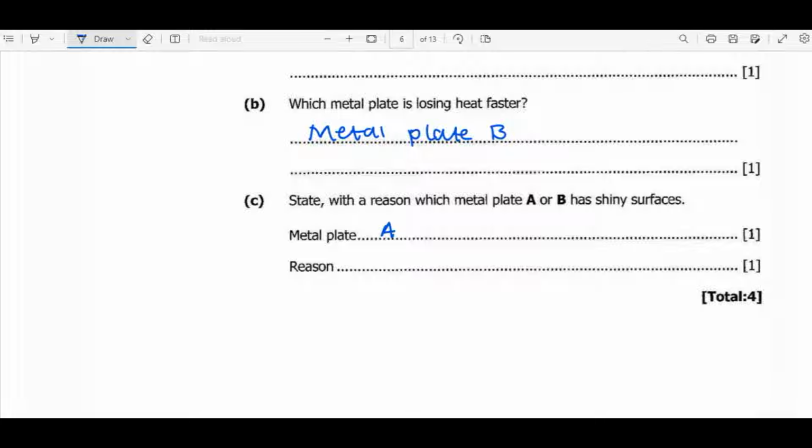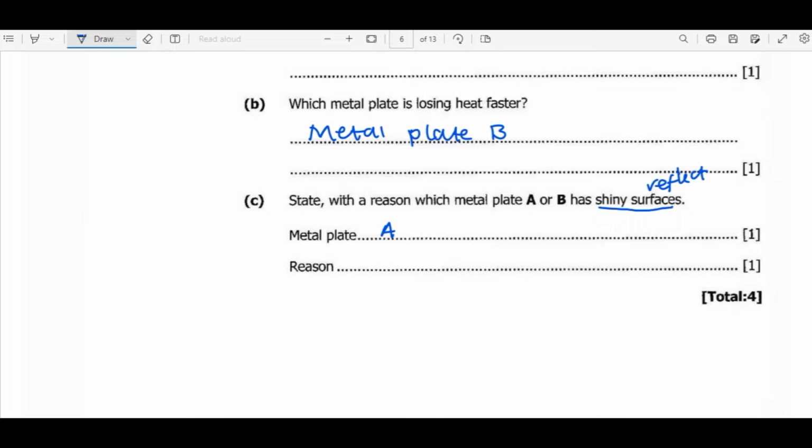If heat is absorbed fast, it must also be emitted fast. So for the shiny one, we know that shiny surfaces reflect. To reflect, we are saying the heat must bounce back.